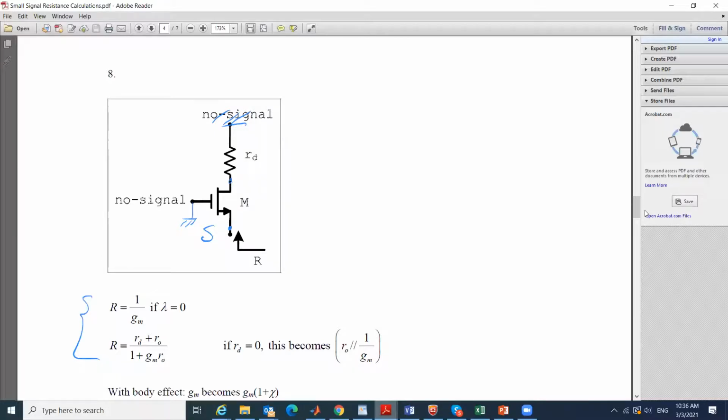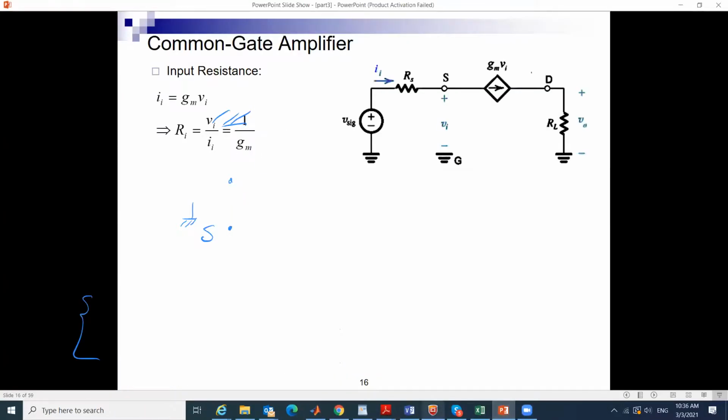So we have 3 or 2 non-trivial rules, which are when I have RXY and when I am looking from the source; the rest are either infinity or RO. Anybody has any questions about the resistor sheet? If nobody has questions, let me go back to the slides.